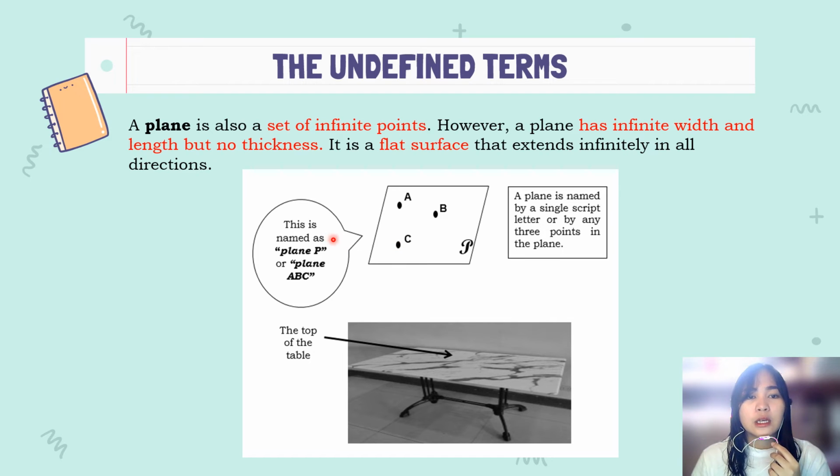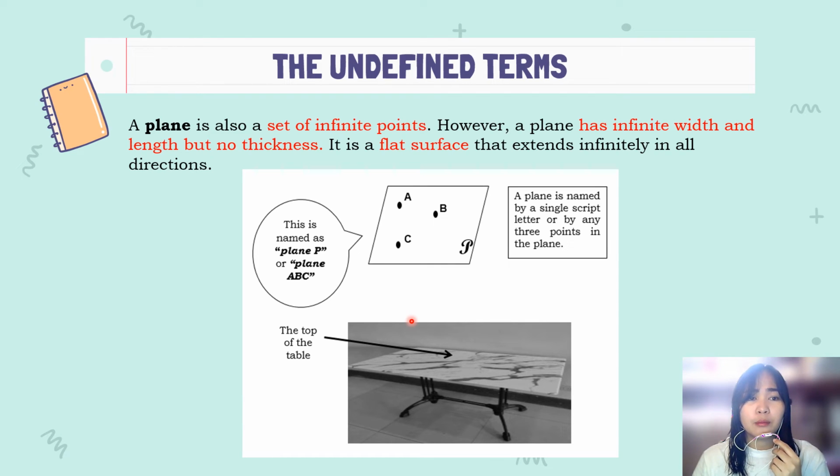So this is named as plane P or plane ABC. Examples of a plane are the top of the table or the classroom floor. So again, in naming a plane, we can use plane P or plane ABC, using the 3 points in a plane. So those are the undefined terms.